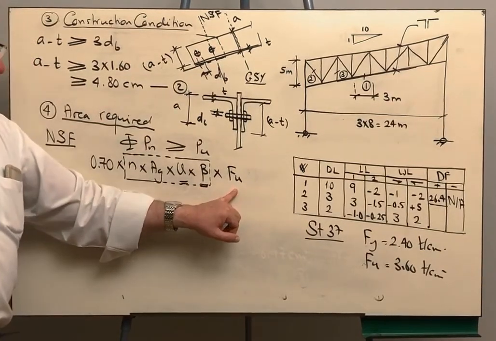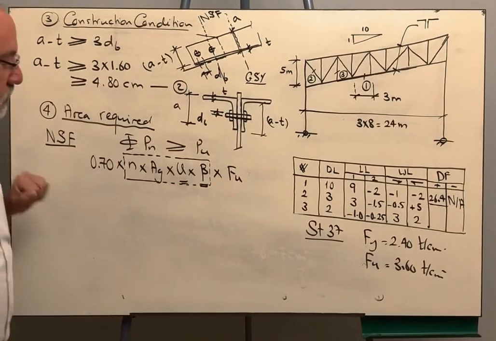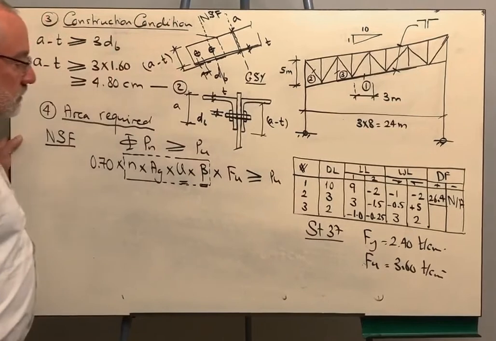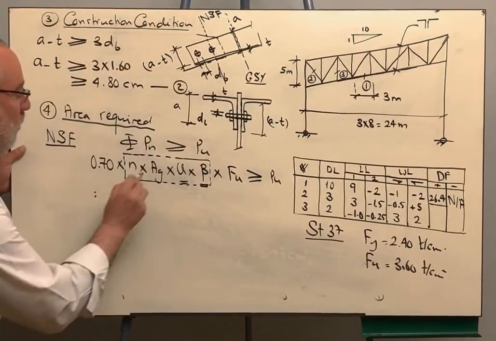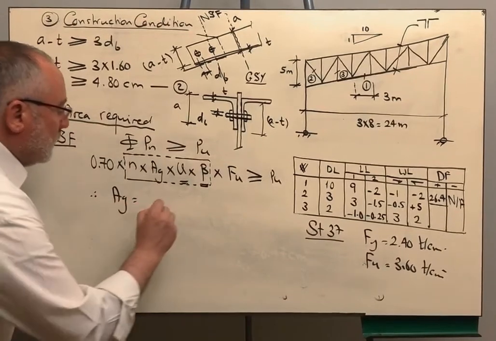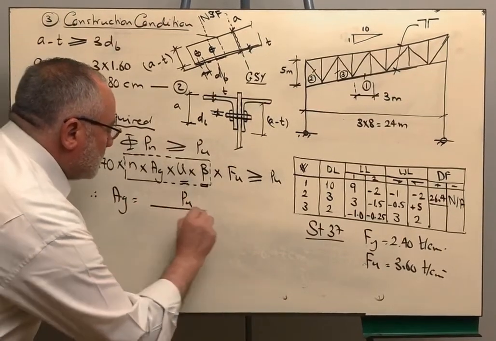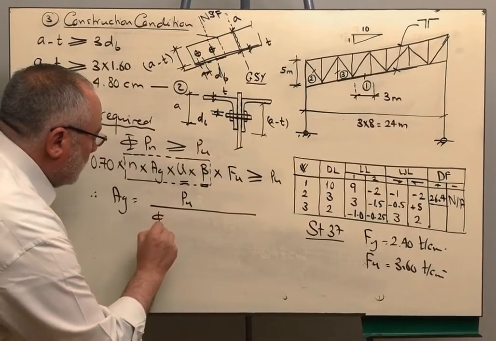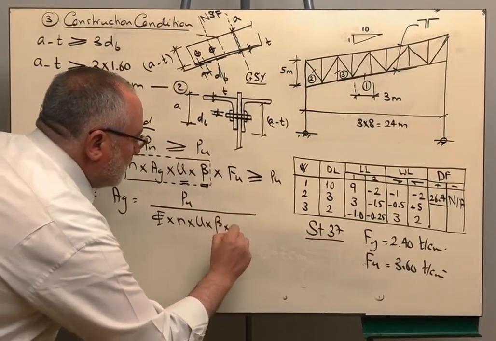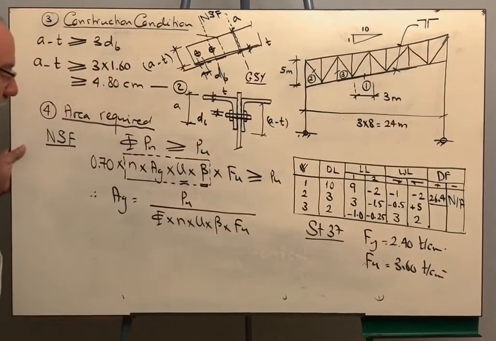F ultimate is 3.6, as we said, for steel 37, and this should be bigger or equal to P ultimate. Therefore, if I want to get an estimation for the gross area of one angle, then this will be P ultimate over phi times N times U times beta times F ultimate.